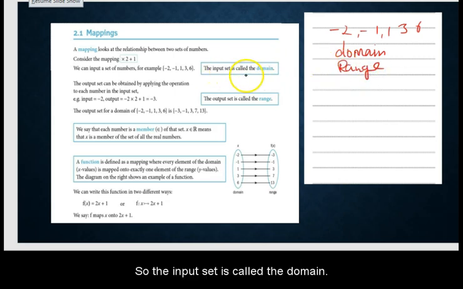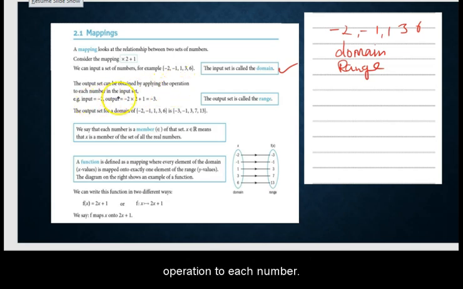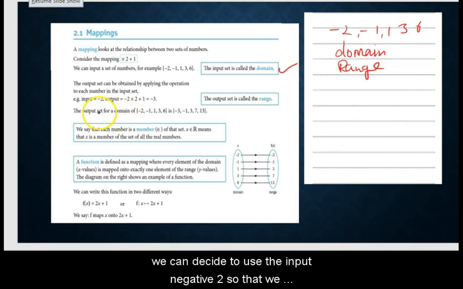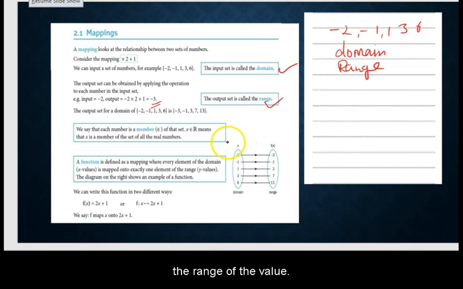So the input set is called the domain. The output set can be obtained by applying the operation to each number, as we are going to see later on in this video. We can decide to use the input -2 so that we are able to get the value -3, and this gives us the range of the value. So we said that each number is a member.